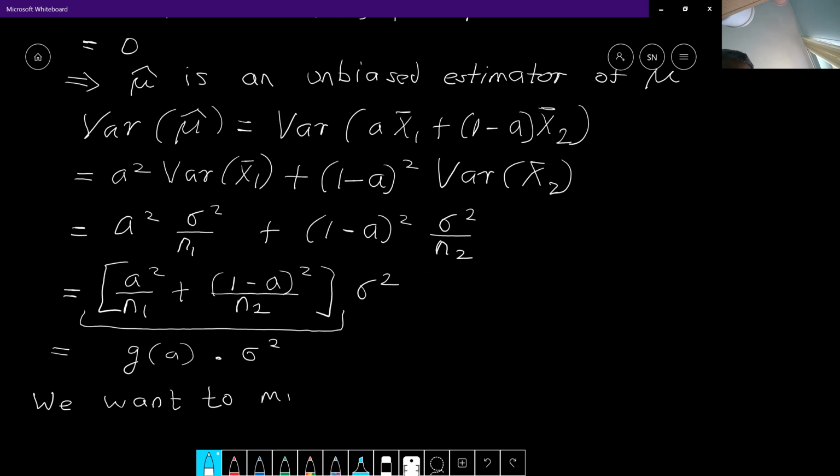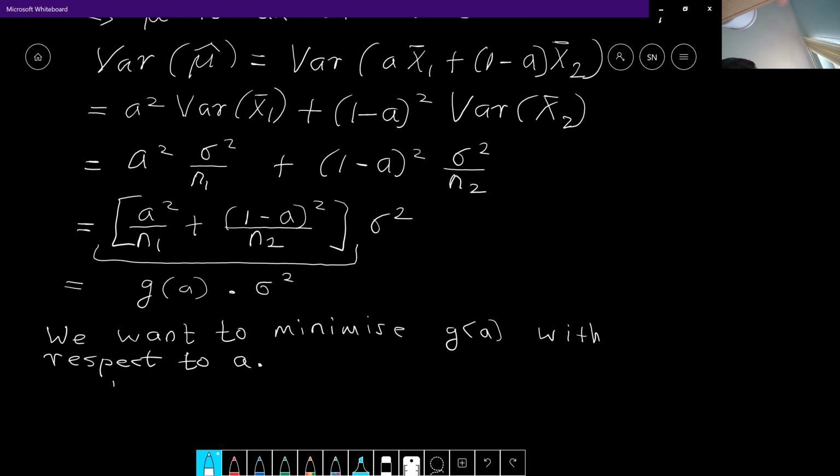Now I'm sure all of you know how to minimize a function. You did one semester of calculus. To minimize the function, you take the derivative of the function and set that to 0, and then you check if the solution is a minimum or maximum.